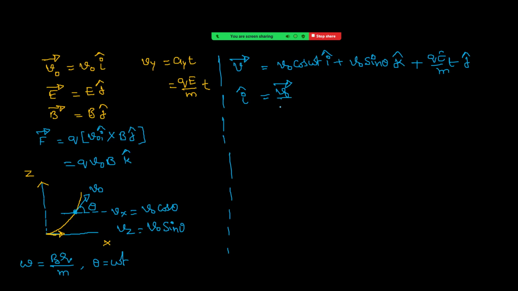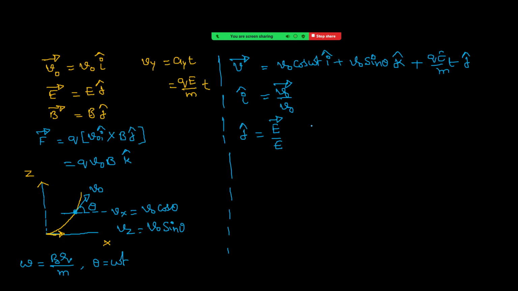Next, in the place of J cap, I can write E bar upon E, because he's asking in terms of V naught bar, V naught, E bar, E, B bar and B. For J, either we can write E bar by E or B bar by B. It is our choice.